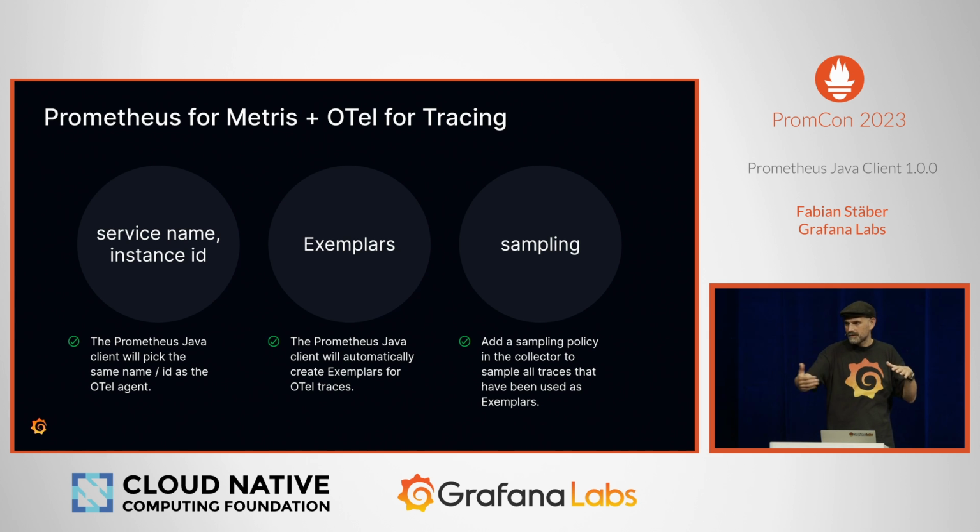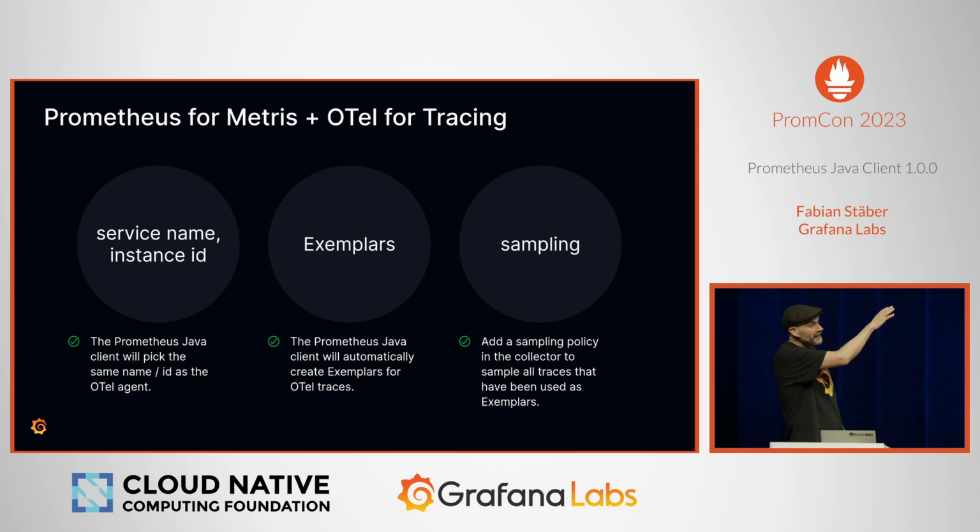You get the same kind of traces over and over again, and it's pretty common to configure the OpenTelemetry collector and say, I want to throw away 90% of the traces and just keep 10%, because then I will still find enough examples of everything that's going on.